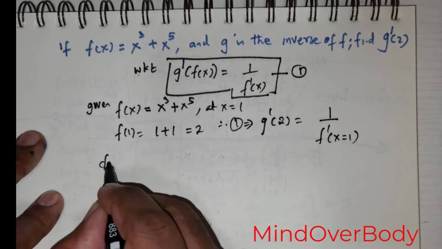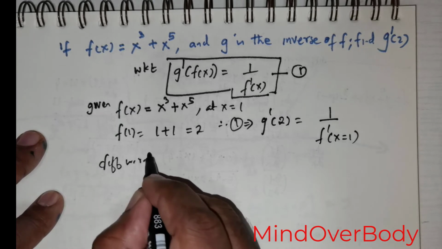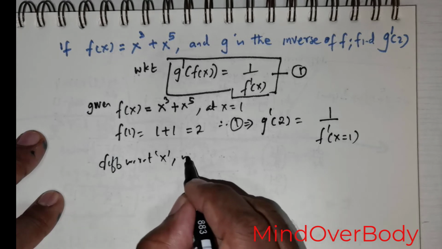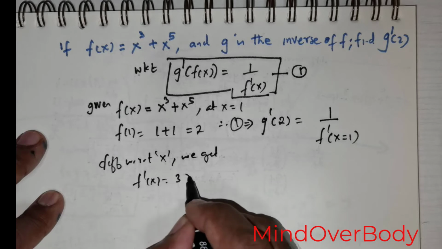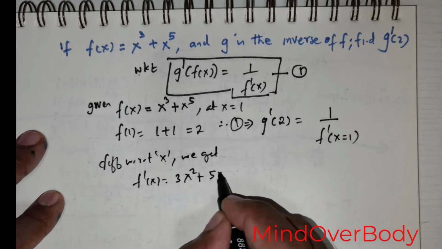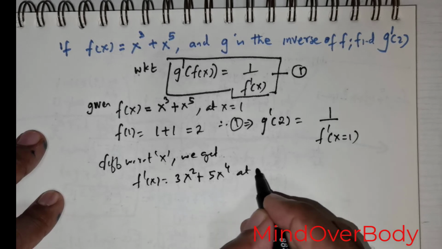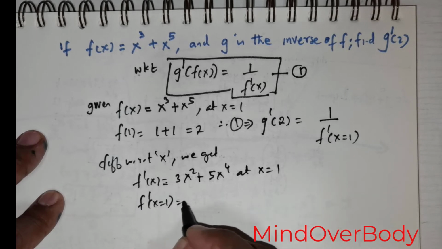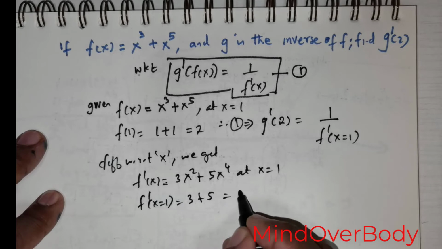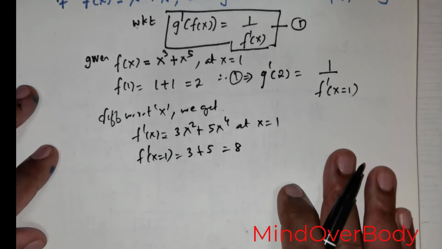So differentiating with respect to x, we get f dash of x is equal to 3 times x squared plus 5 times x to the power of 4. At x is equal to 1, what happens? At x is equal to 1, this is going to be 3 plus 5 is equal to 8.